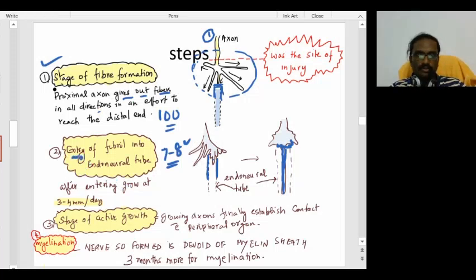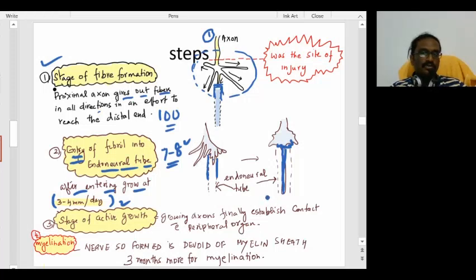So that is what you call the second stage, where the entry of one of the fibrils into the neurilemmal tube is observed. But after entering, the entered fibril is going to have a little faster growth at a rate of 3 to 4 millimeters per day. At this rate, the growing end inside the neurilemmal tube is going to proceed towards reaching the terminal.